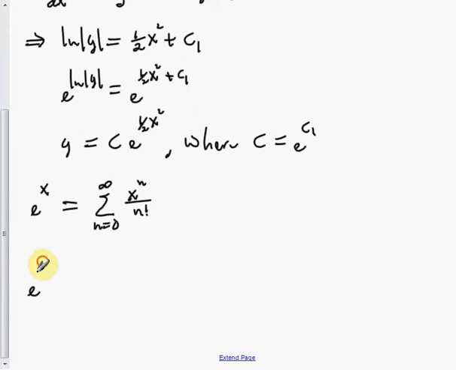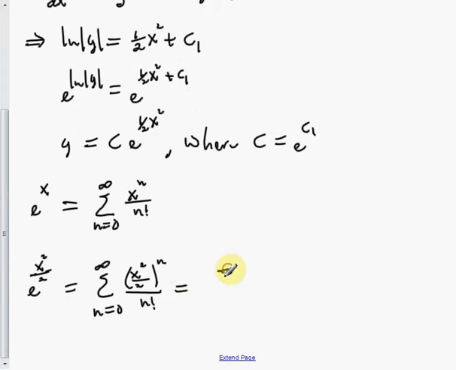So e to the x squared over 2 is equal to the summation as n goes from 0 to infinity. Replace the x with x squared over 2. So this is x squared over 2 raised to the nth power all over n factorial.